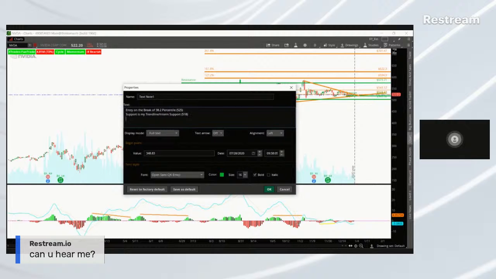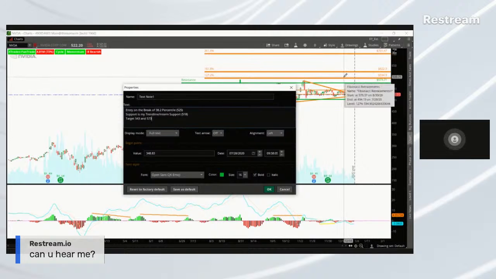And my targets are the fib level 543 and 573. Always get your targets on the daily chart, not on the 30 minutes chart.